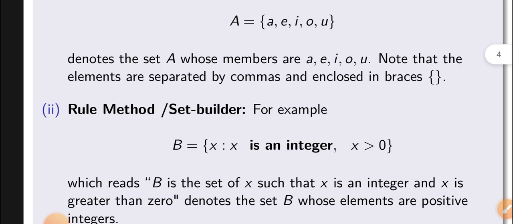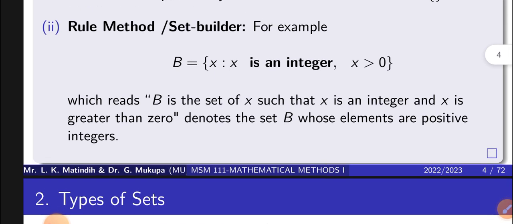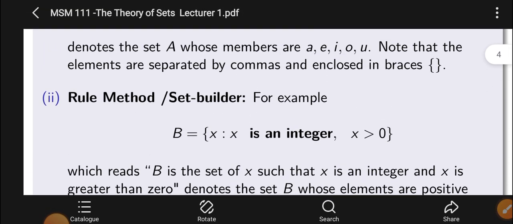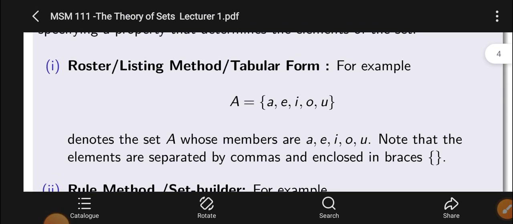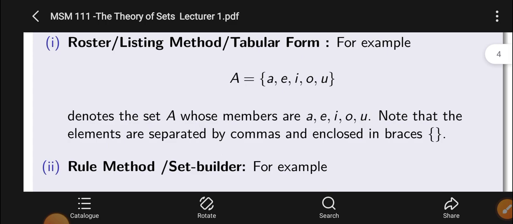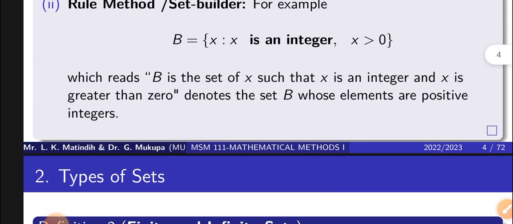You can say set B is x, where x is an integer greater than 0. If you know integers, then you write all integers which are greater than 0, so all positive integers. Those are the two methods of representing sets: roster, listing, or tabular form, and the rule method, or set builder notation.